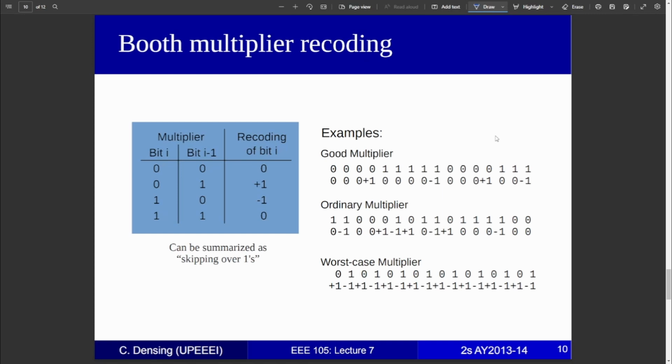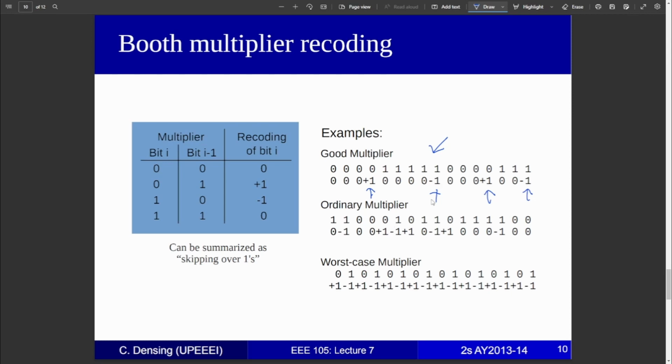Here, you can see examples of how we recode a Booth multiplier. There are good cases and there are bad cases for the Booth multiplier. You have here a very long string of 1s, so this becomes negative 1 and the positive 1 after it. End of a string of 1s becomes a positive 1, and the start of a string of 1s becomes negative 1.